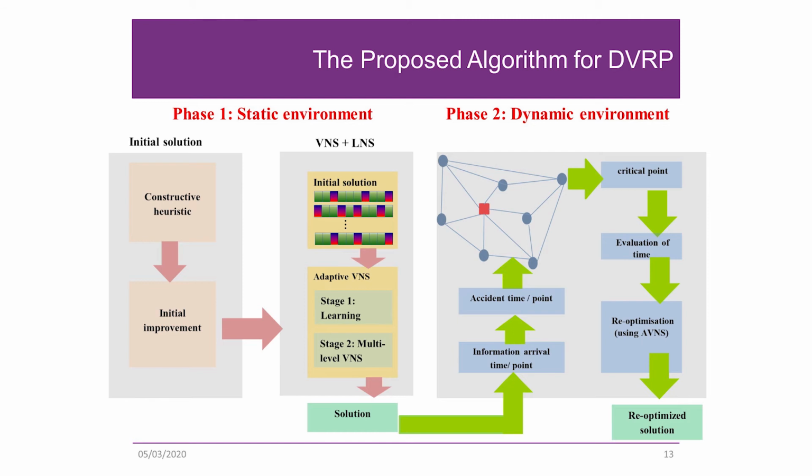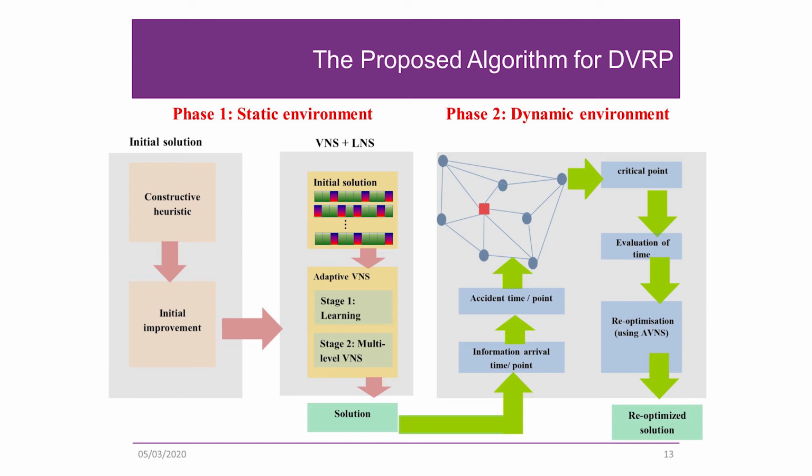And moving on to the second phase, that is the dynamic environment, any uncertain events can happen. Here we assume an accident can happen at any time, at any point. So we generate the accident time and also the point of this accident.